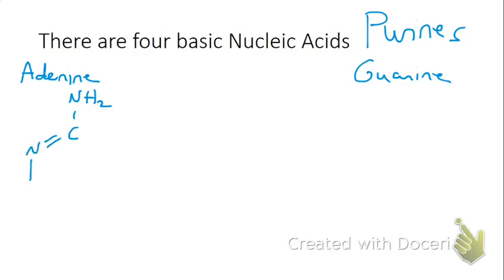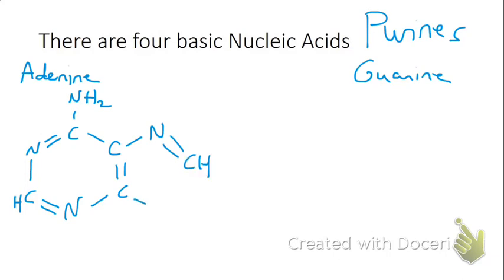You will have to memorize these structures, because in the next slide, after we detail what these look like, we will then talk about how they hydrogen bond to each other. So there's adenine, and what we'll see is guanine looks very similar, but yet different.